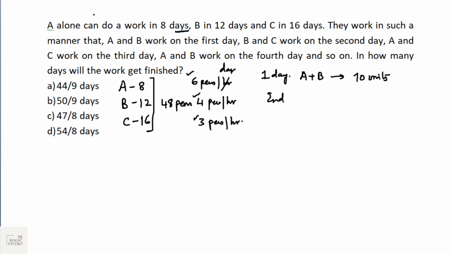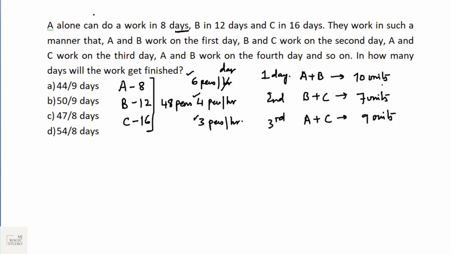Second day, B and C are working together. So B plus C production would be 4 plus 3, that is 7. That means 7 units would be produced on the second day. Third day, A and C would be working together. 6 plus 3 is 9. 9 units they would be producing on the third day, and hence the continuation continues.